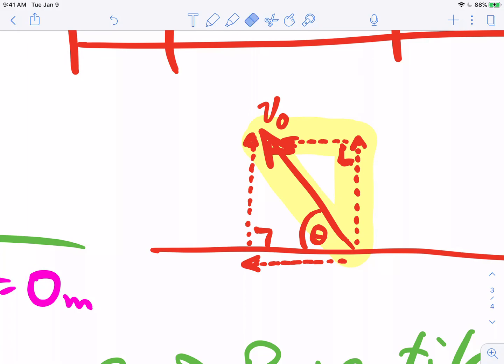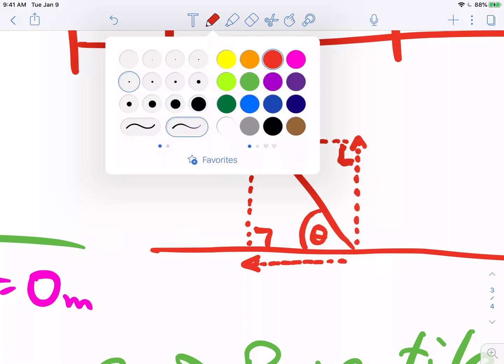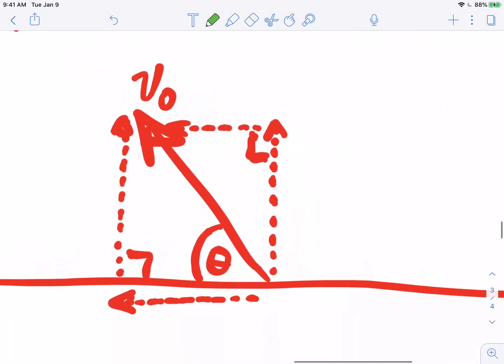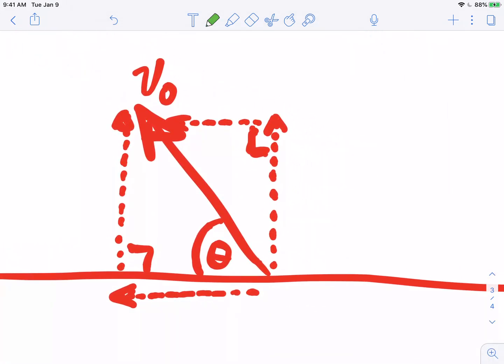What we want to do is use some trigonometry to decipher these two velocities. So we're going to have a forward velocity, and we're going to call that v sub x. And then we're going to have an initial vertical velocity, and again, this is the same v sub x up here, whichever way you want to look at this.